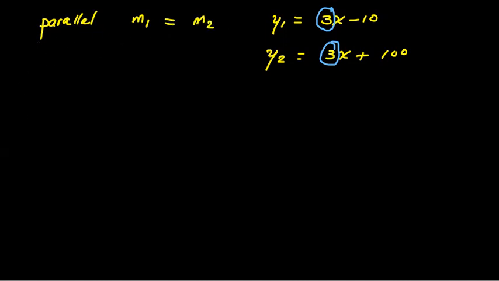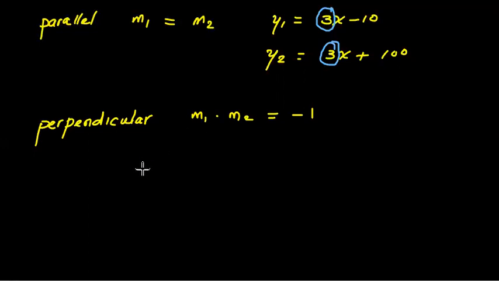In fact, I could go a step further and let you in on a little secret. If the lines are perpendicular, then when you multiply m1 by m2, you're going to get minus 1.